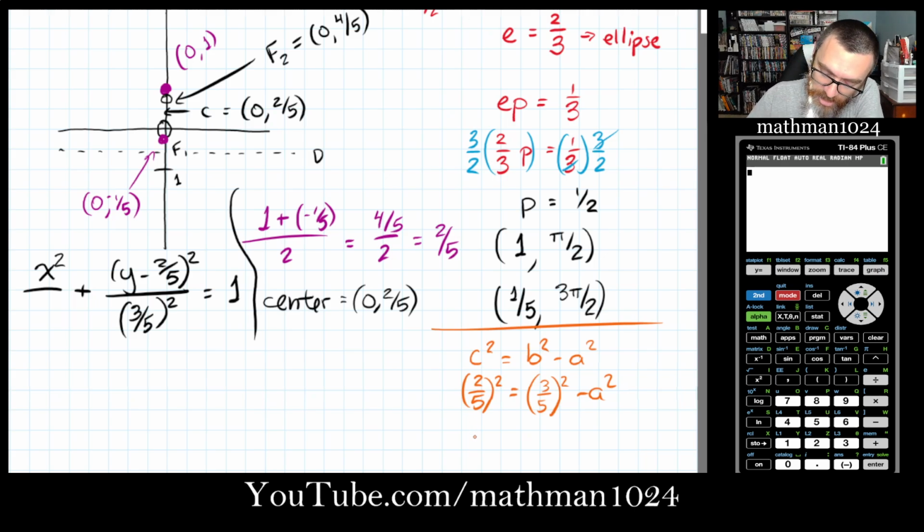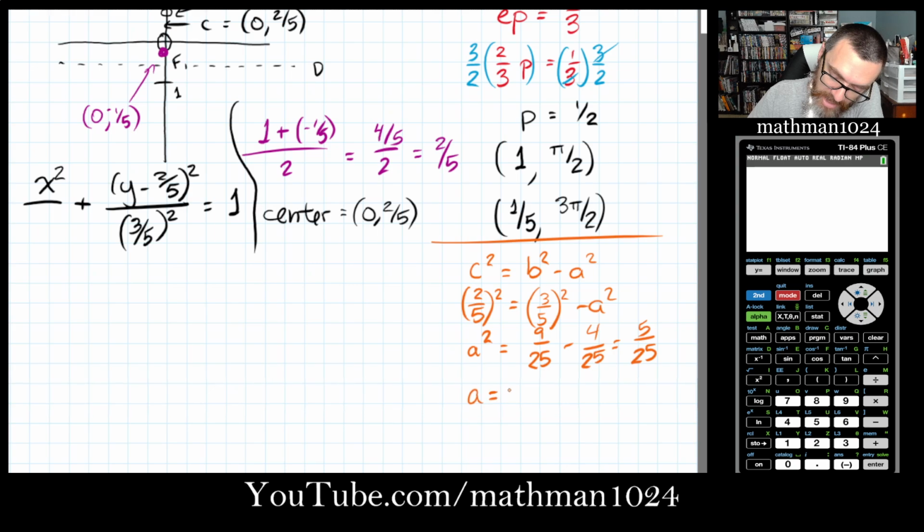So now let's just find a. By rearranging some terms, we'll find out that a squared is equal to 9/25 minus 4/25. So that's 5 over 25. And that means that my a value is, we can say 1/5 for the sake of simplicity right now, but my a value would be the square root of 5 over 5. So underneath here, we're just going to say 1/5.